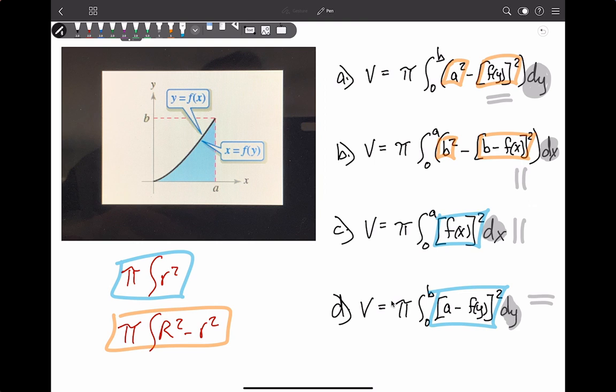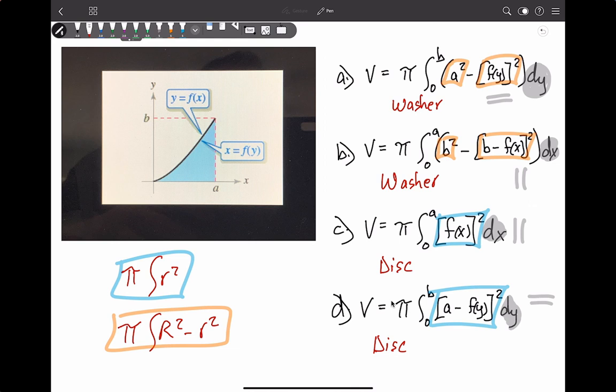So that's how we identify that this one here is washer, this one's washer, this one's going to be a disk method, and this one is going to be a disk method. That's how we can identify our equations, but also with the dx and dy's, vertical and horizontal slices, if you will. Okay, so let's go ahead and go to A.